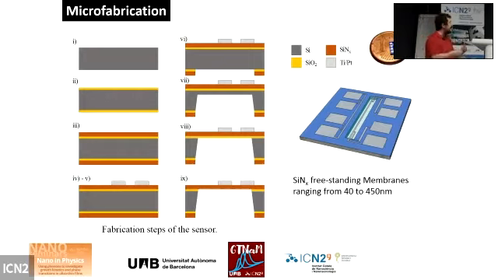We can get a combination of oxynitrides that are mechanically stable in order to place the heaters on top and to define them with very simple microfabrication techniques. We can get membranes ranging, and this is important, from 40 to 450 nanometers. Depending on what we want to measure, we will have to target the very thin membranes or the thicker ones.